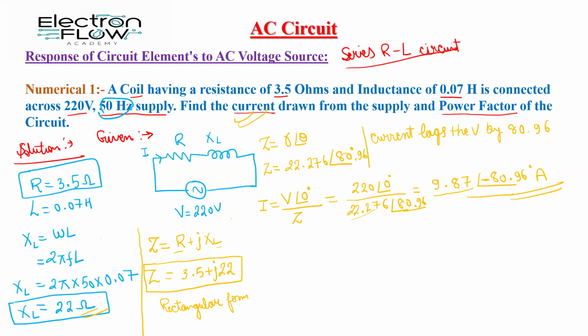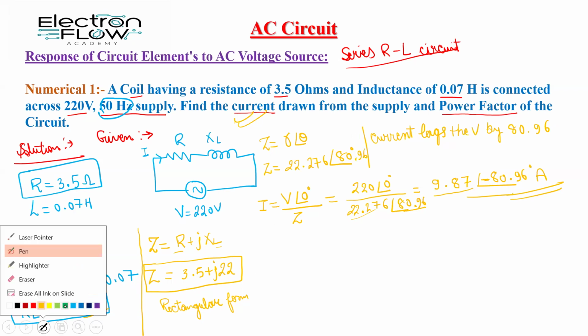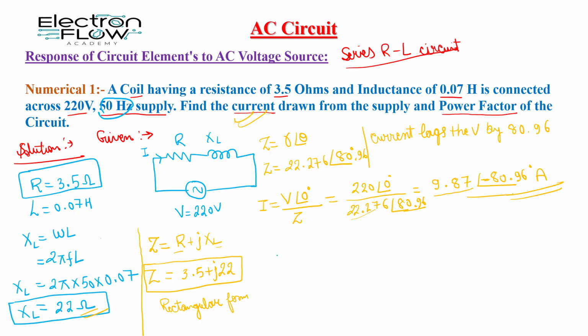Next is to calculate the power factor. We know that the power factor is nothing but the cosine of the impedance angle. So power factor is equal to cos of 80.96, the impedance angle, which gives us the value of the power factor.